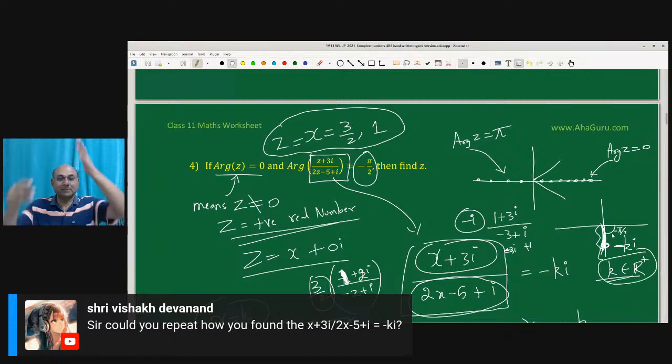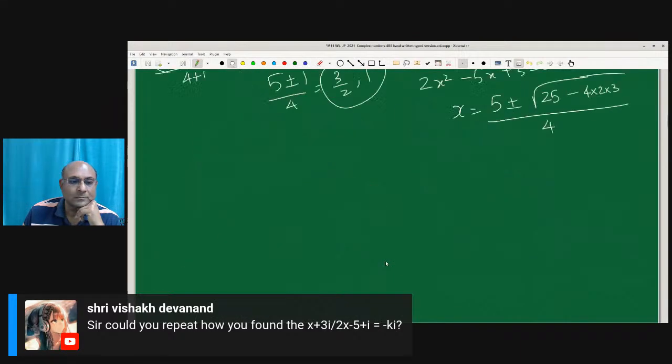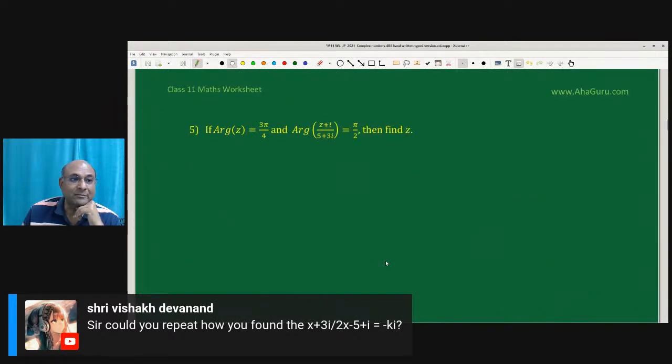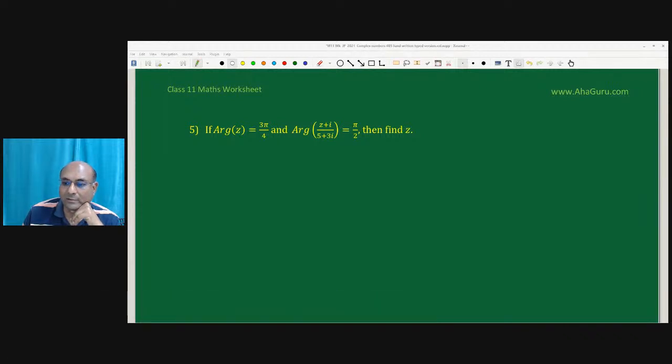Real number times i means negative numbers, because 3i will be up, minus 3i will be down. So I may as well call it minus ki where k is positive. That's all. I'm using that information that was given about the argument. So try this out.